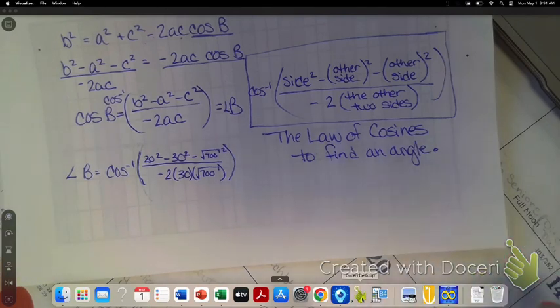Let's put it in our calculator. Make sure you guys can do that. Put it all in at one time.